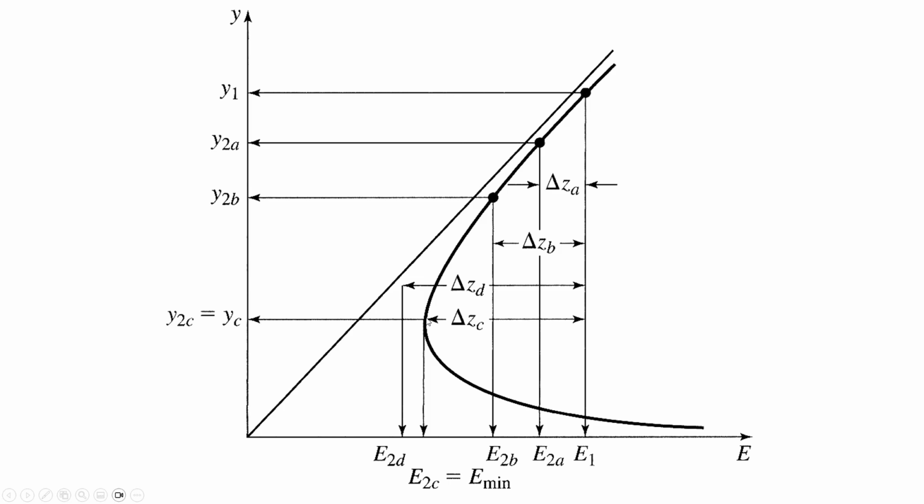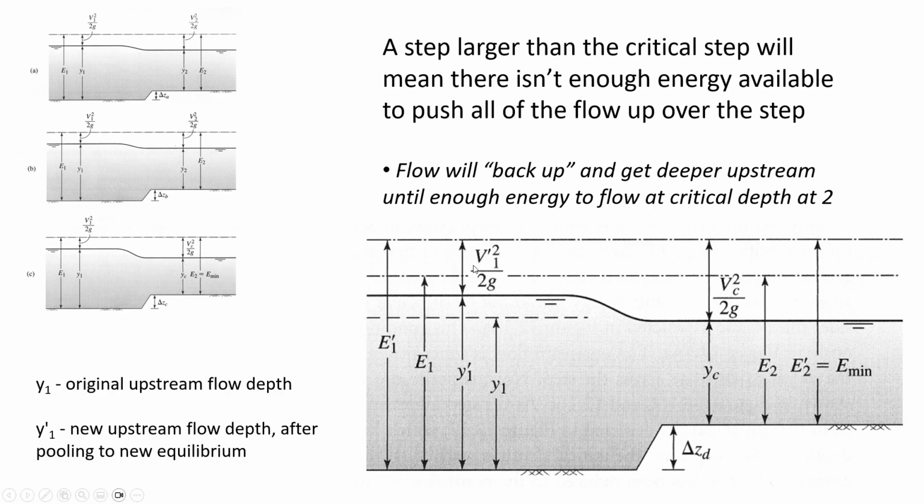When we had the critical step height, which was associated with the minimum amount of specific energy, but then if your step is larger than that, we're not on the specific energy diagram anymore. So there is no alternate depth that is on that figure for delta Z sub D. So it would have to cause pooling, which is a new depth upstream.